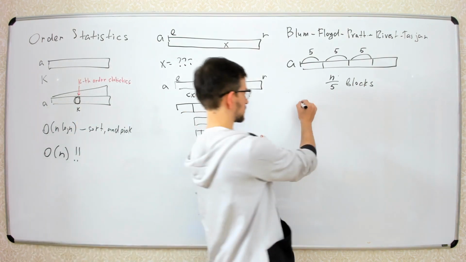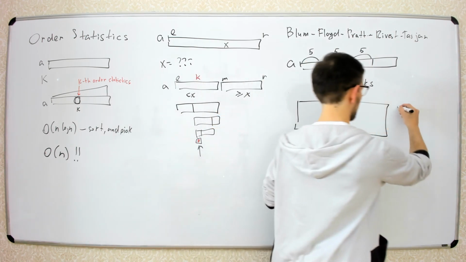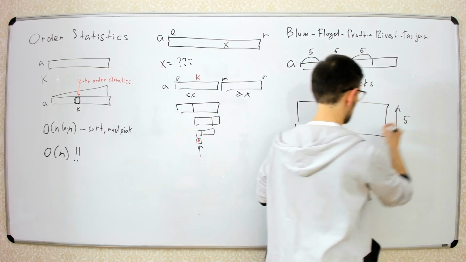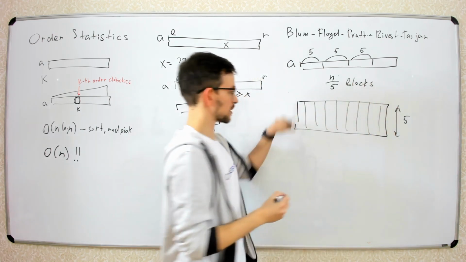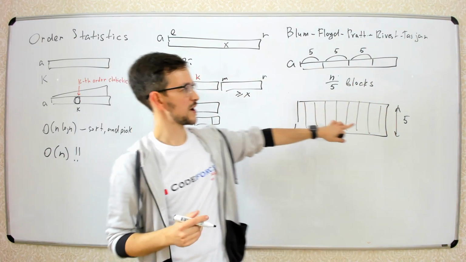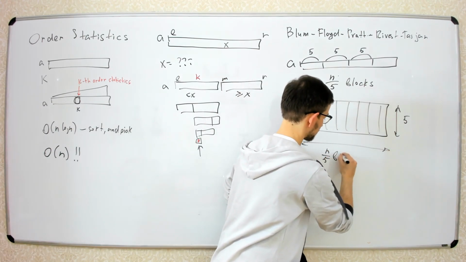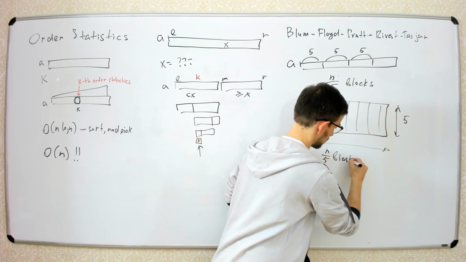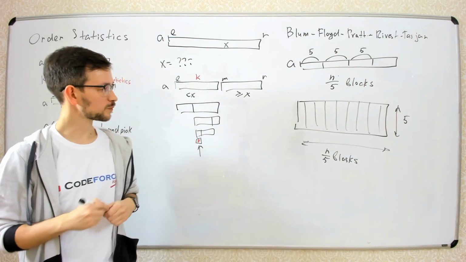Let's draw it like this. It's easier to show it when you have it like this. These are blocks. Each block has size 5, and you have n over 5 blocks. This is array A.